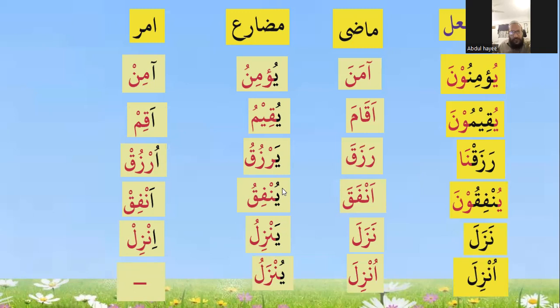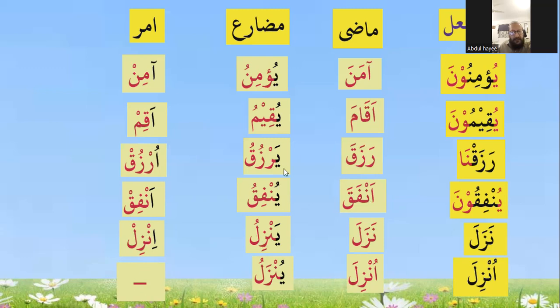Mudare normally has first letter fatha, except those who have four letters in mazi. Only then will they have dhamma: amana, aqama, anfaqa, unzila. Otherwise it will always have a fatha.